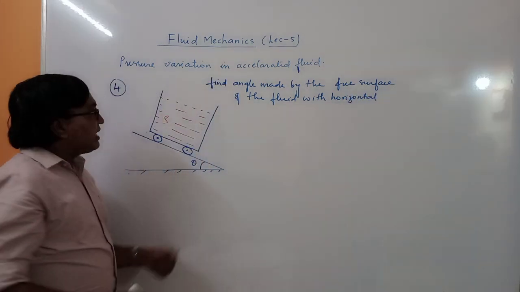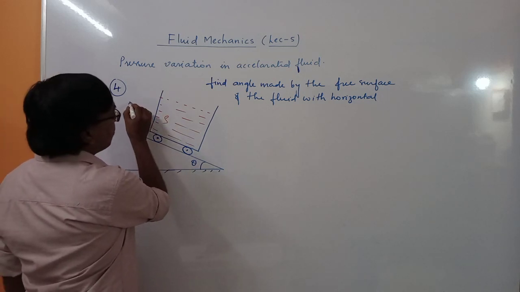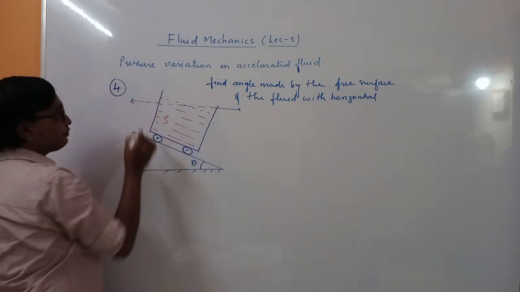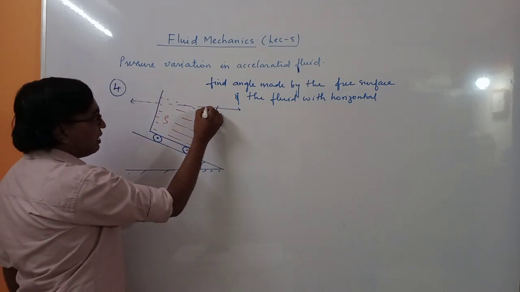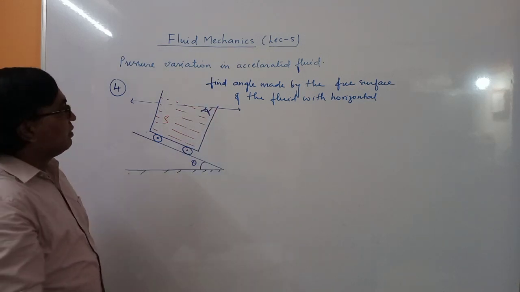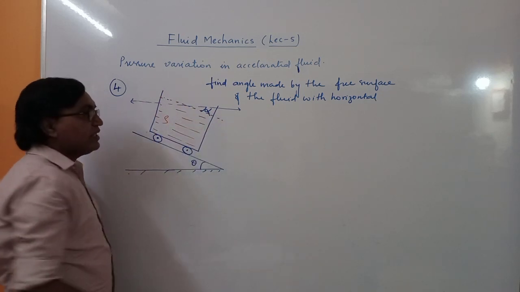So this angle is theta, so let us take some other angle here. So it should be parallel to horizontal. So this is a parallel line, parallel to horizontal. And let us assume this angle to be alpha. Fine. So this is angle alpha with the free surface of the liquid.